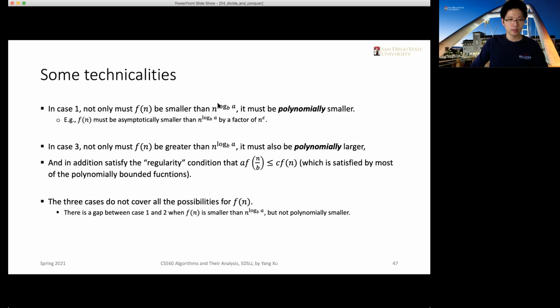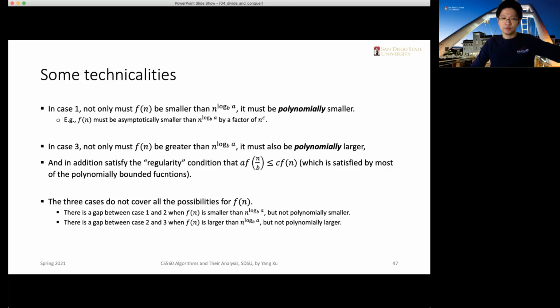If we find that some functions do not fall into these three cases, then we cannot apply the master method. Basically, there is a gap between case 1 and case 2. Case 2 says that the two functions grow at the same speed, with the same order.